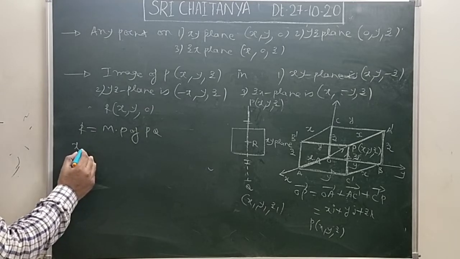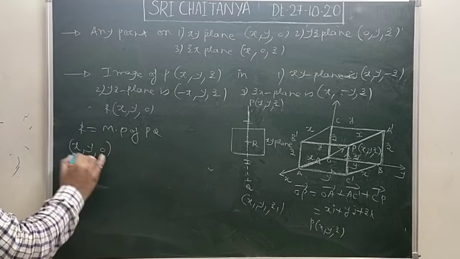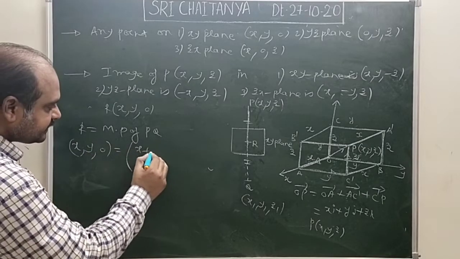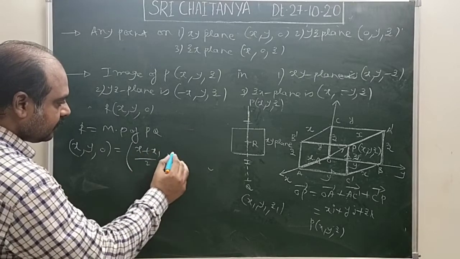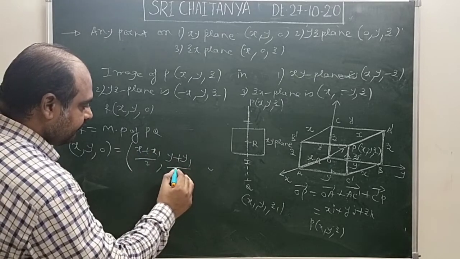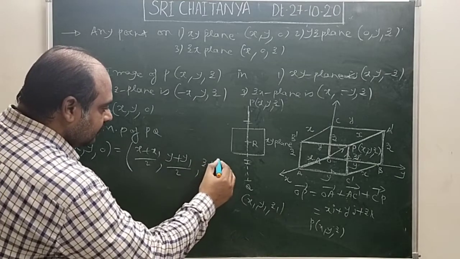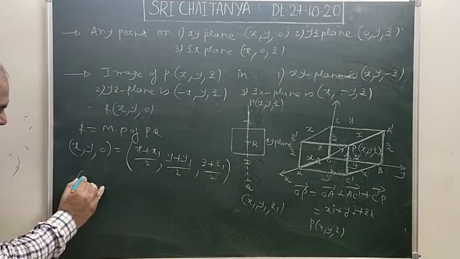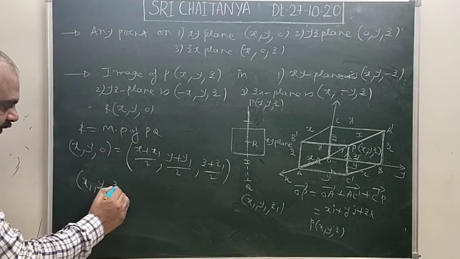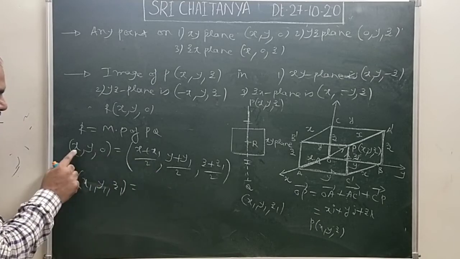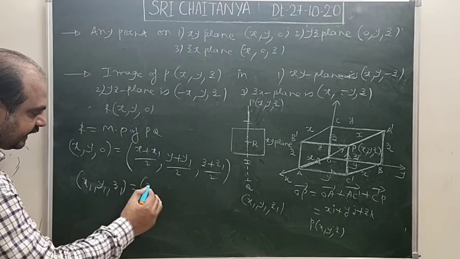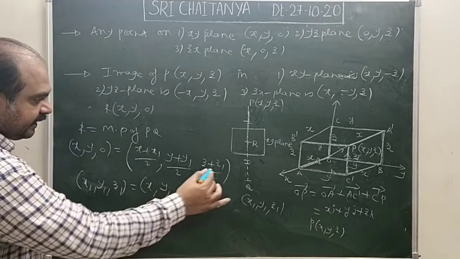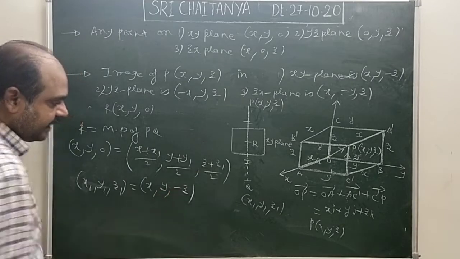So (X, Y, 0) is the midpoint of PQ, which is ((X plus x1) by 2, (Y plus y1) by 2, (Z plus z1) by 2). Equate this to this, then calculate x1, y1, z1. Equating, x1 is 2X minus X, that is X. Equating this, 2Y minus Y, that is Y. Equating this, z1 is nothing but minus Z.